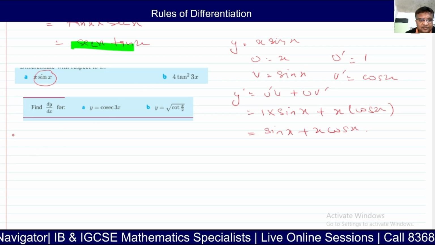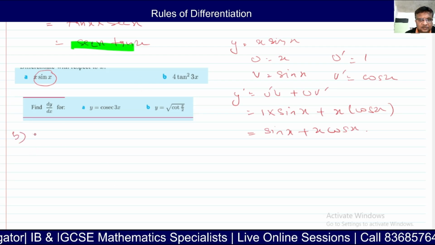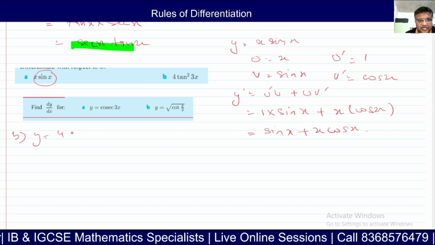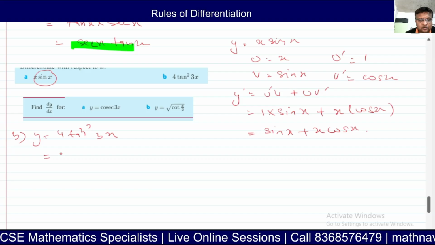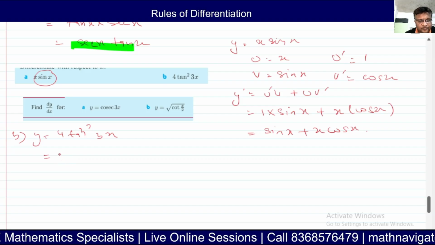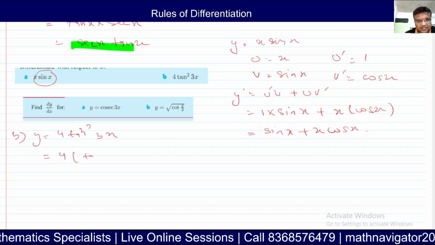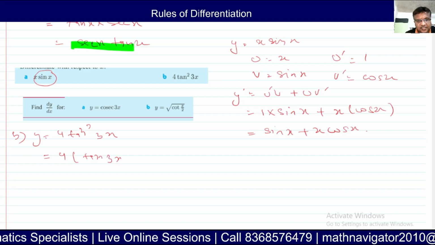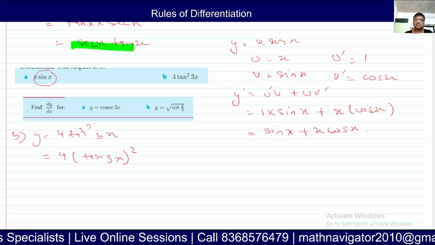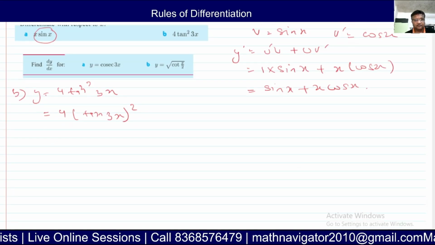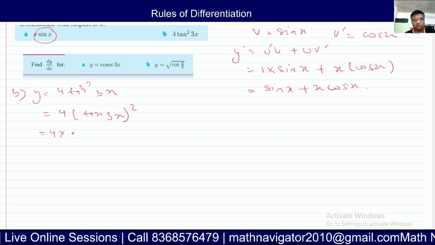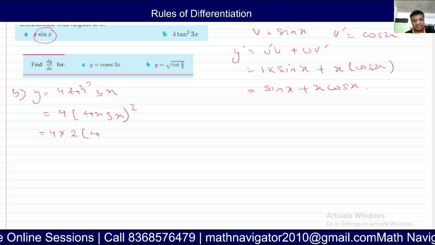Then we have y is equal to 4 tan squared 3x. What you can do is use the chain rule. So 4 times tan 3x whole squared. In this case, you need to understand one thing. First, you need to differentiate the whole thing. That means it will become 4 times 2 times tan 3x.